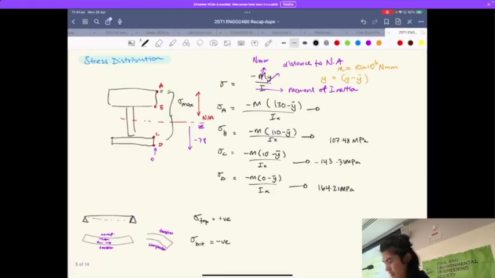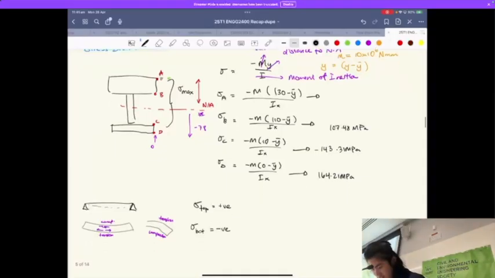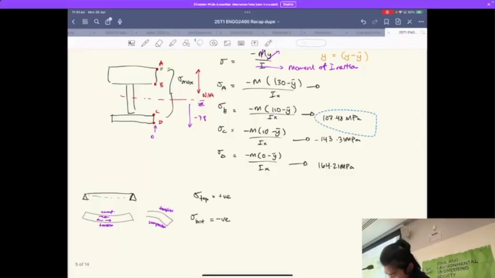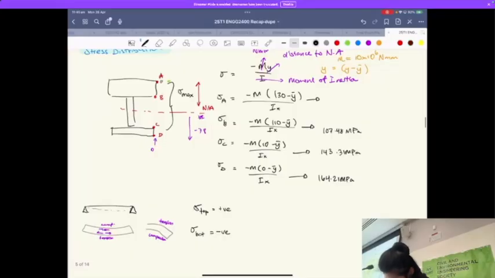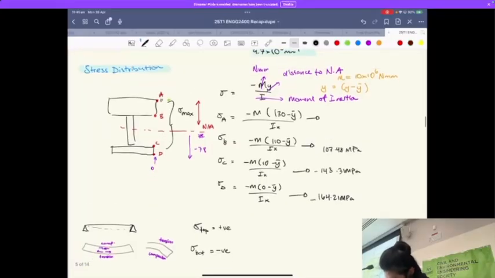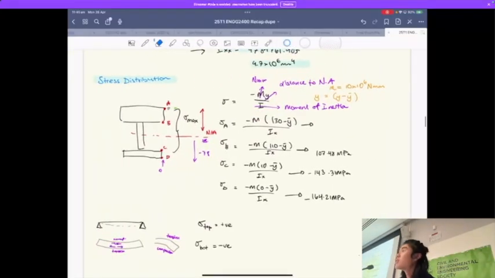I don't have the number for stress at A, but essentially, does anyone have the number for stress at A? No. How do you do it normally? 174.